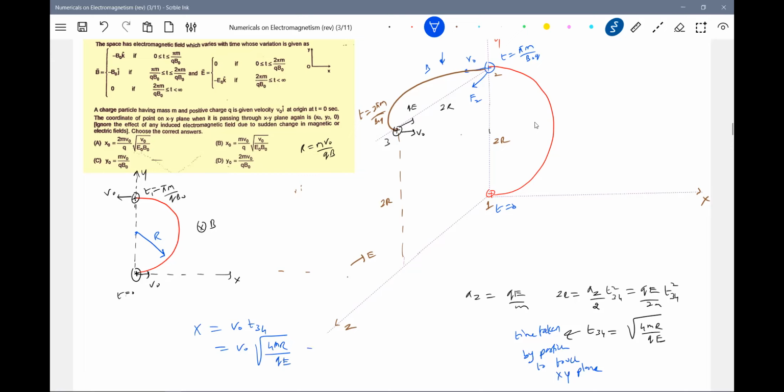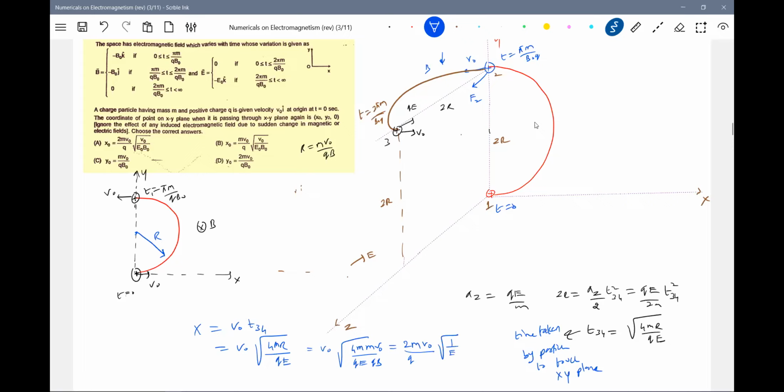What is r? R equal to mv0 by QB. So mv0 will come outside, then 2 will also be there outside, Q will be outside.